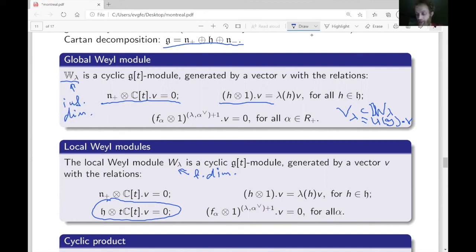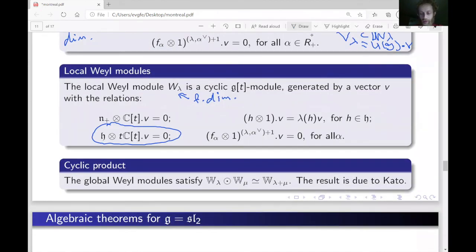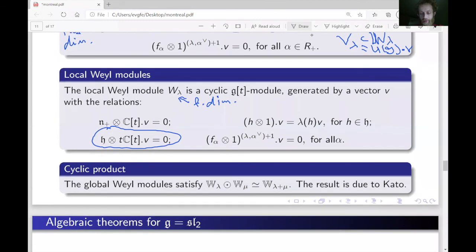Well, the structure of these modules, the connection with the previous definition, is given by the theorem of Chari-Loktev, who says that this cyclic product of W_λ and W_μ is nothing but W_{λ+μ}.